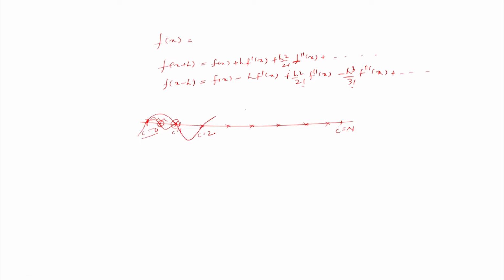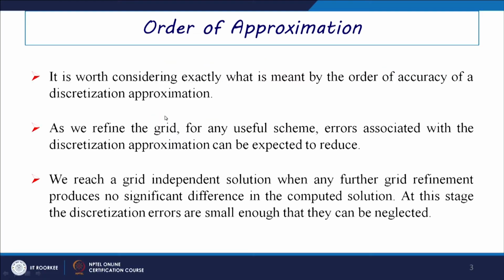But if we consider a middle point in between, the curve will pass through the middle point. So the difference reduces, and this causes the difference in this approximation as well.